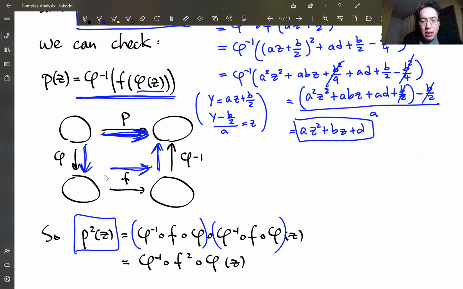But look at the middle part. We are applying phi inverse and phi in the middle, so they cancel each other out. We can undo each other. And then what we're left with is phi inverse, applying f twice, and then phi. So this is what we get.